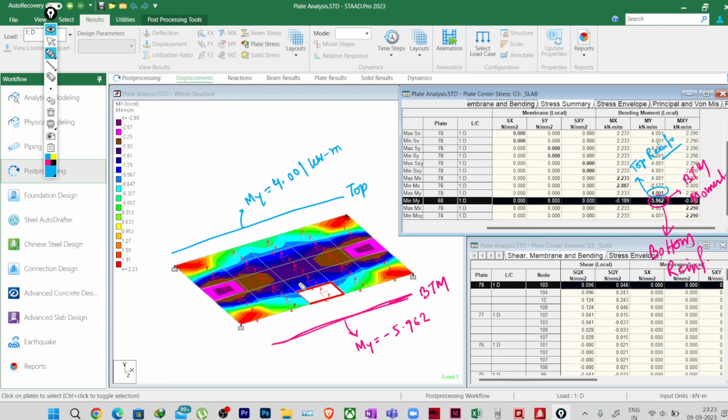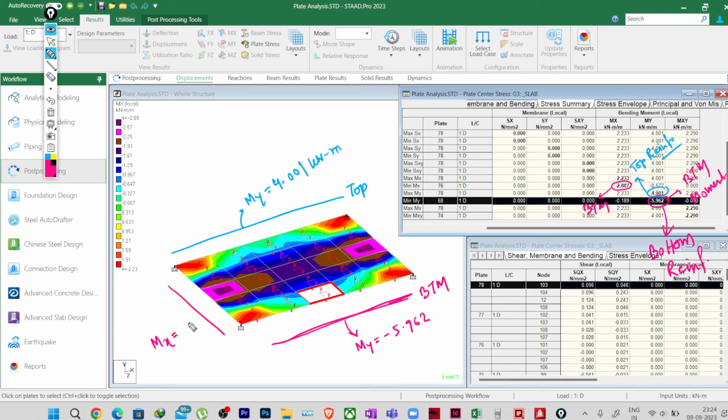Fine. Now let's talk about Mx. In Mx also we expect that the bottom moment will be higher. So the negative Mx value will be my higher value, and it will be for the bottom moment. You can see here the negative moment, minus 2.887, this is my bottom moment along the x direction.